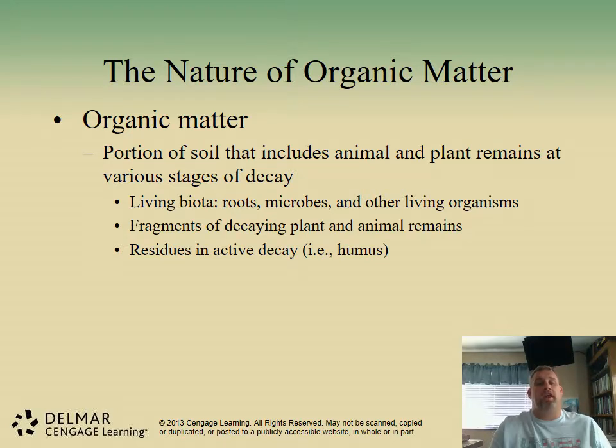So organic matter is the portion of a soil that contains all of the old animal and plant remains that could be in various stages of decay. These were at one time living organisms and are no longer active within the soil, but are now being broken down into smaller pieces.